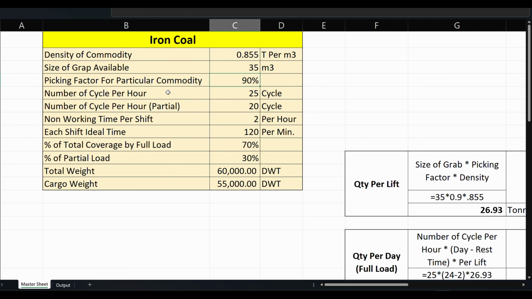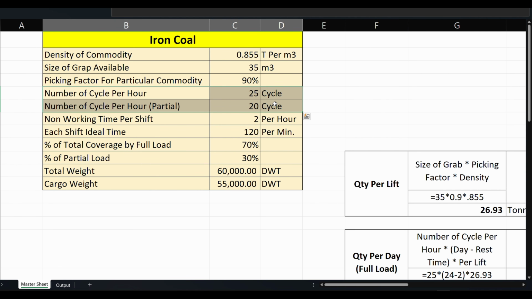The number of cycles per hour is 25 for full load and 20 for partial load. It means when the bucket is fully loaded it is carried in 25 cycles, and for the smaller amount, like for the corners, it takes 20 cycles.